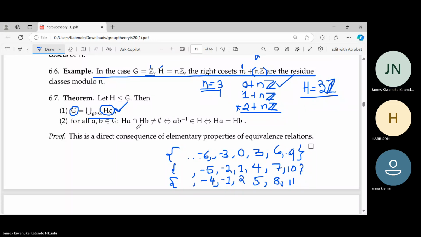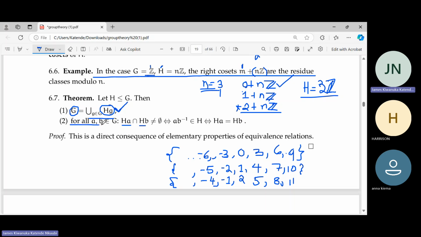The second bit says that any 2 left cosets are either distinct, and if they are distinct, the intersection must be empty. I think that is a direct consequence of the equivalence relations, but it's not stated here.